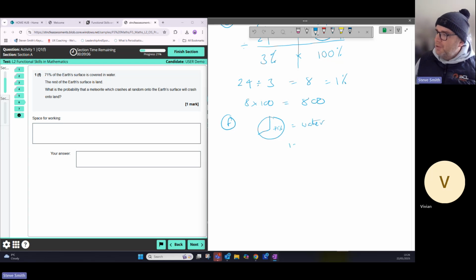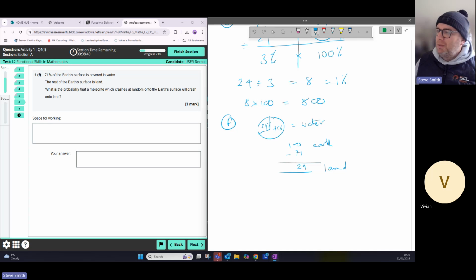The whole Earth is 100%. So 100 take away 71 equals land. 100 take away 71 is 29.